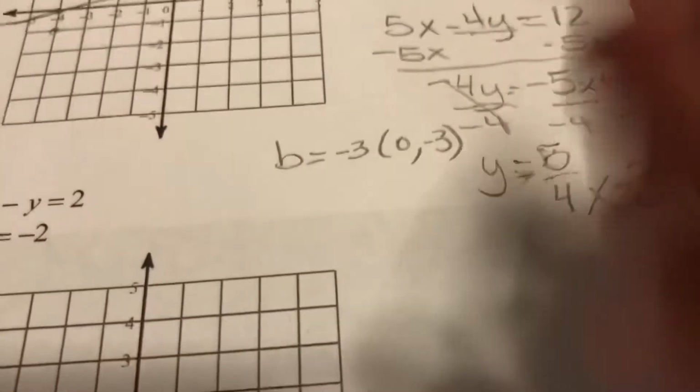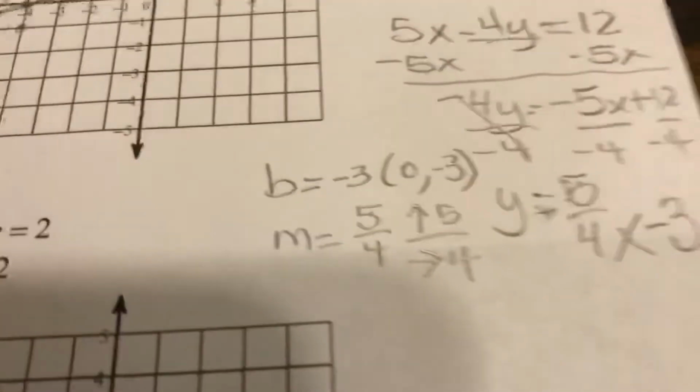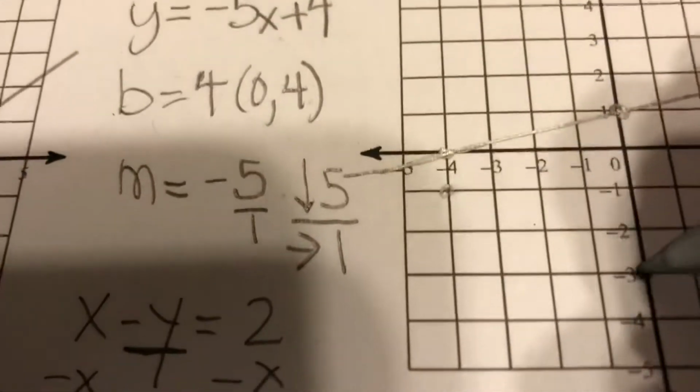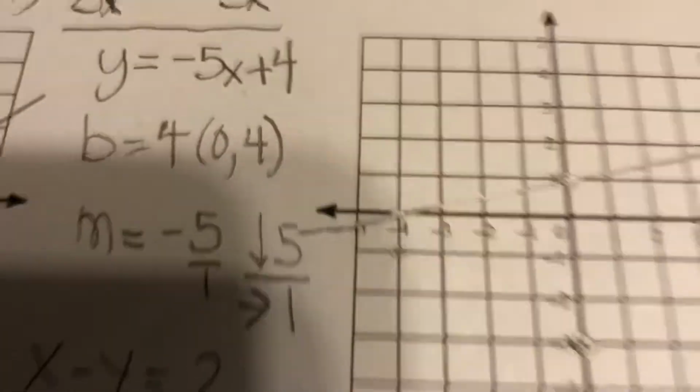So I'm going to have a point at 0, -3. And my slope is 5/4. So I'm going to be moving up 5 and right 4. Okay? And so I'm going to come over here. I'm going to put a point at 0, -3.